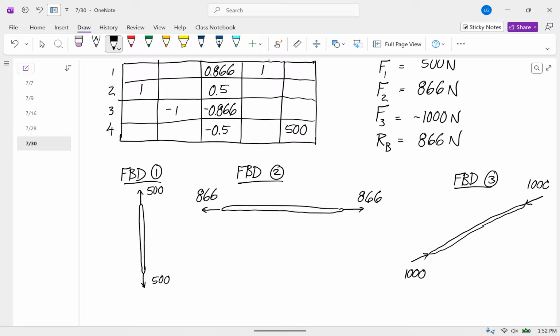And so if you have a structure that you can simplify as a truss, this is the approach, and this is the answer you get, the external loads on each one of those bodies.